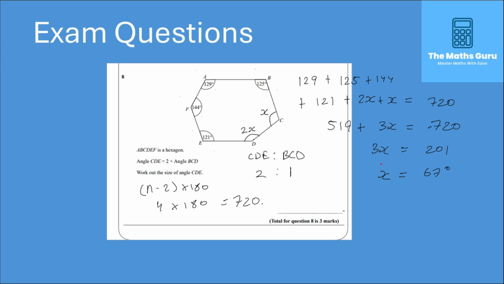And this is our angle BCD, but we're trying to work out CDE. So we have to times by 2, which gives us our angle of 134 degrees.